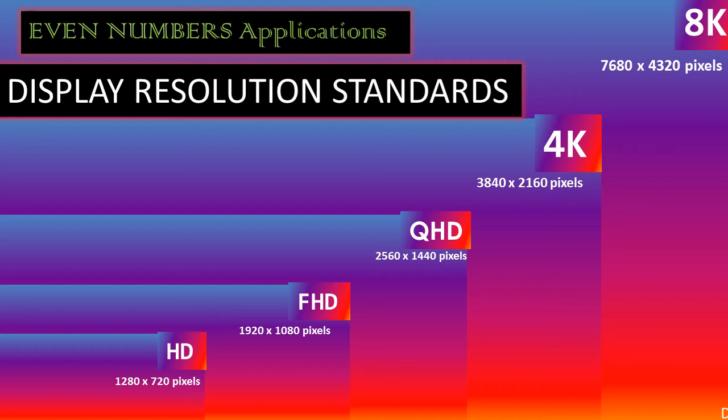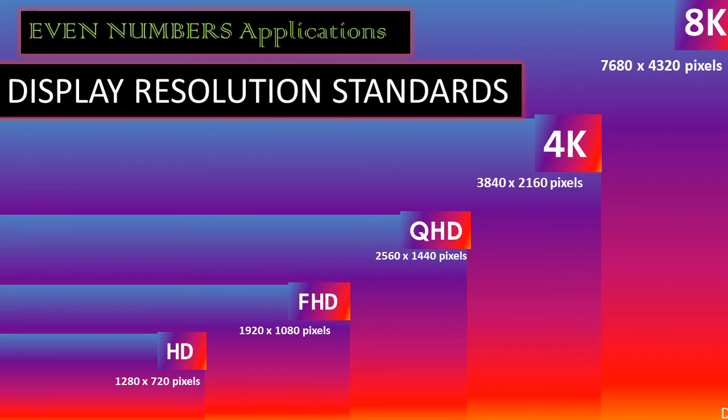This is the resolution in even numbers. And next is quad high definition, in that 2560 by 1440 pixels. This is quad high definition, and this is 4K, in that 3840 by 2160 pixels. 4K means almost 4000 pixels, so that's why it is named as 4K.